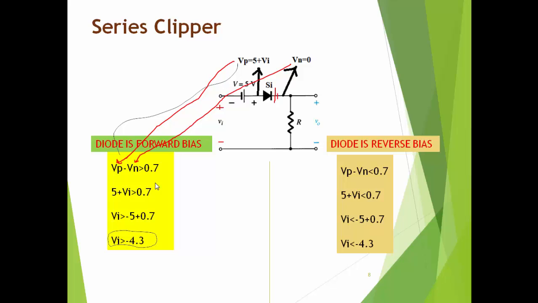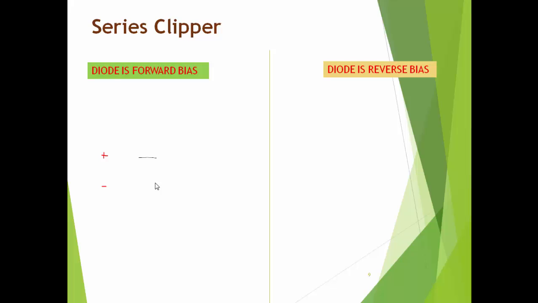Now, move towards step 3. Write the condition. This is the condition for forward bias. We know that if silicon diode is in forward bias condition, in that condition, diode is replaced by 0.7 volt battery. Now, replace the diode by 0.7 volt battery. Our figure is this.